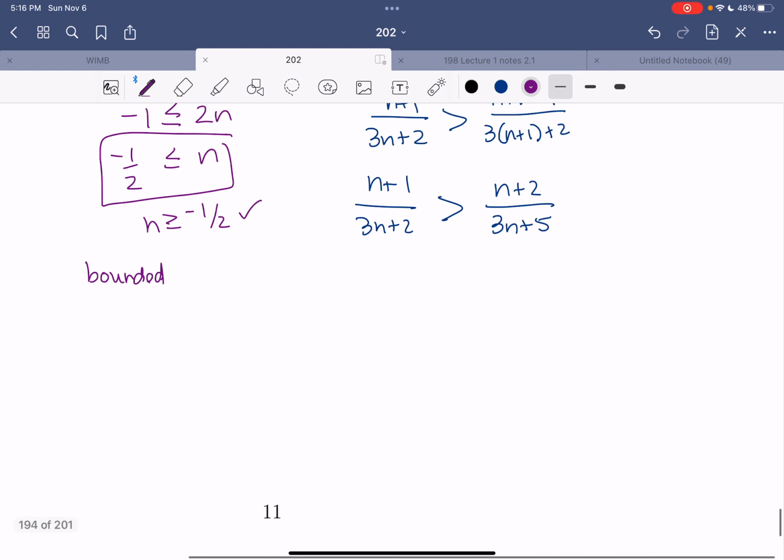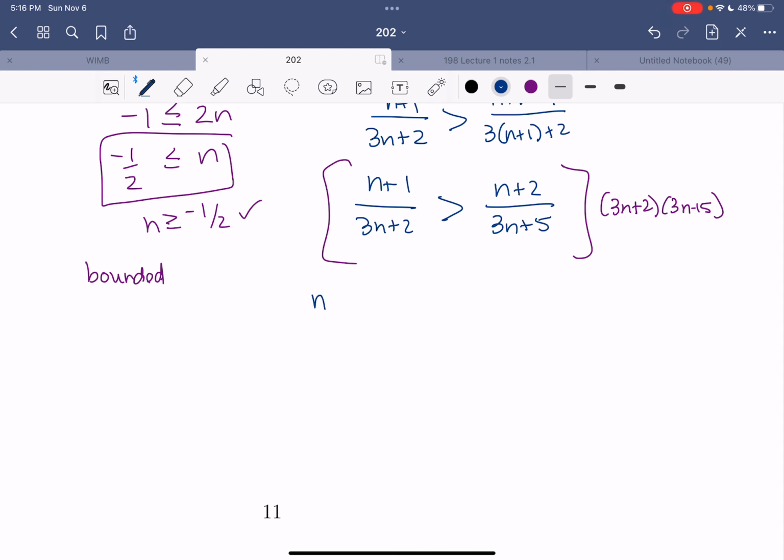So if you multiply everything by 3n plus 2 times 3n plus 5, what happens is that you get n plus 1 times 3n plus 5 on the left, and you have n plus 2 times 3n plus 2 on the right, the 3n plus 5 cancels.